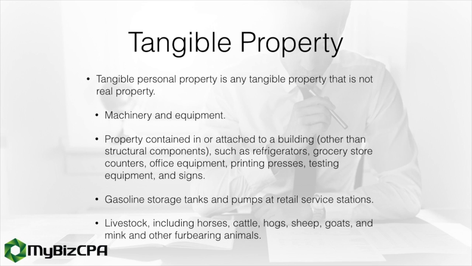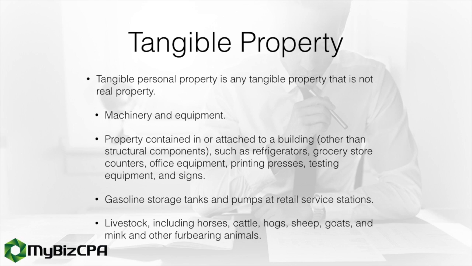Now, as I mentioned, tangible property is generally any tangible asset that isn't real property, such as real estate. This generally includes machinery and equipment. It can also include property within or attached to a building, such as refrigerators, office equipment, testing equipment, and signage. Tangible property also includes storage tanks and pumps.